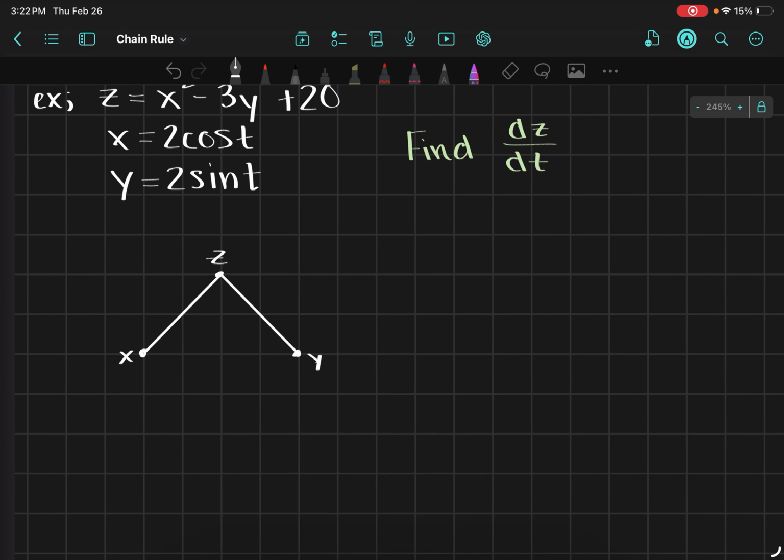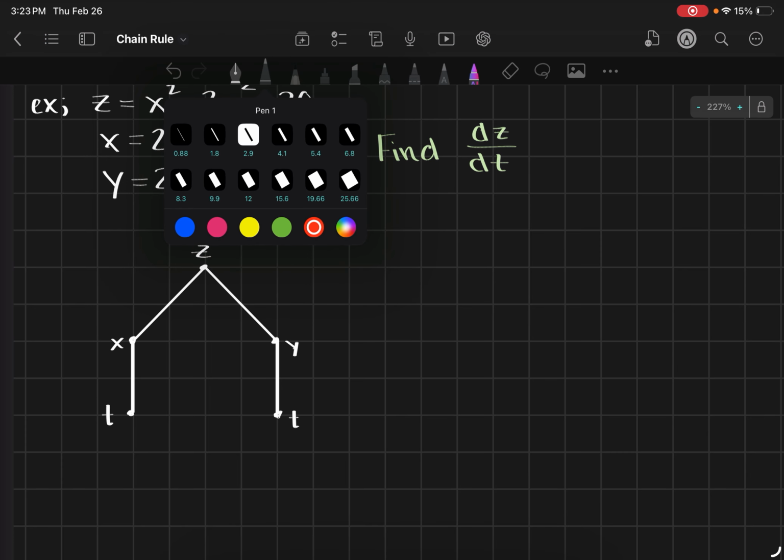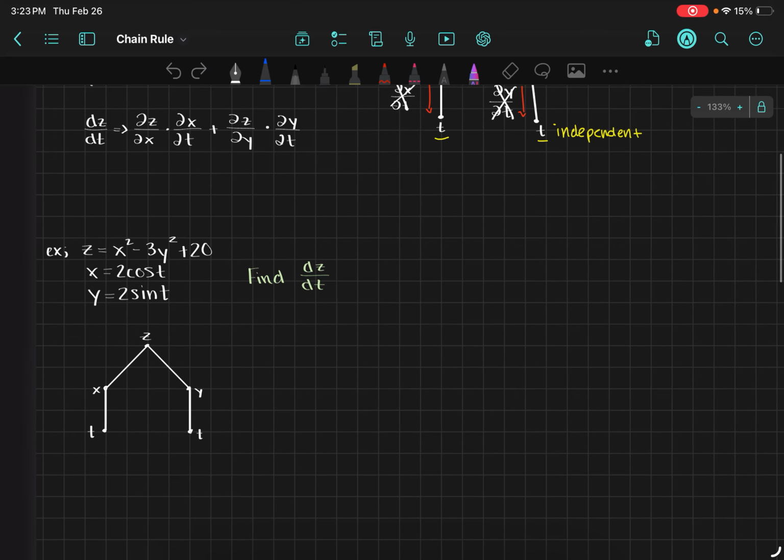And each of those functions are functions of time as well, so both of these have a little branch sticking out for t. I'm going to color code a little bit. Remember, this is our dependent, these two are our intermediates, and these two are our independent.